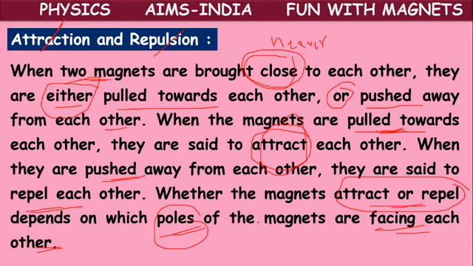Okay, children? Here, what is attraction and repulsion? Coming near is called attraction. Going far away is called repulsion. These two properties are shown by the magnet. It depends on what type of poles are facing each other.